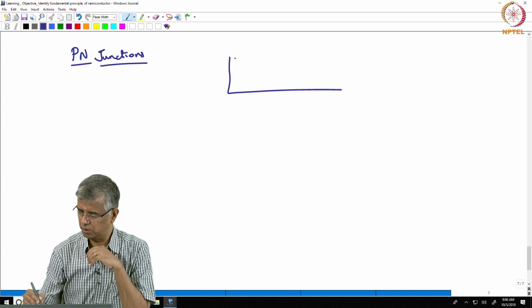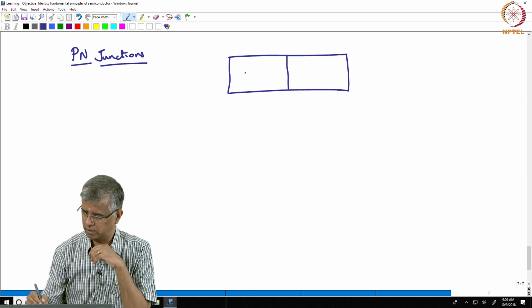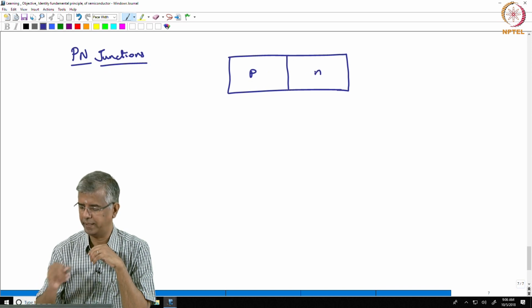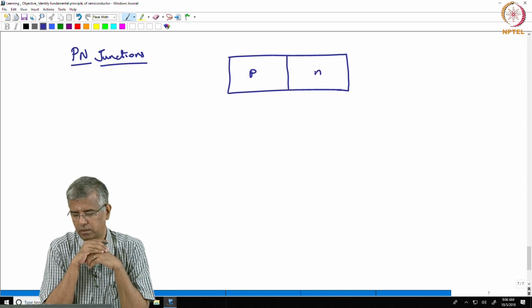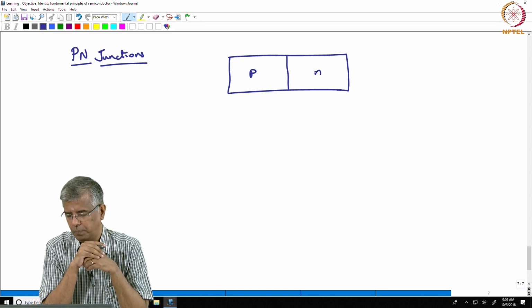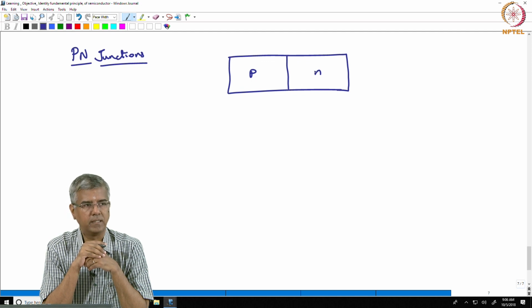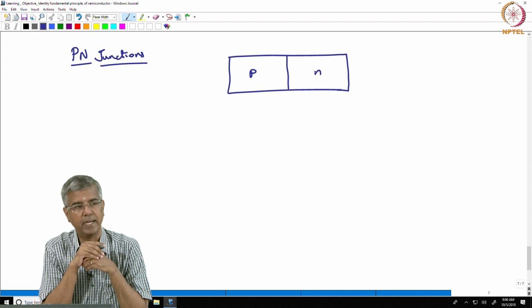Okay, what if you bring a p-type semiconductor and an n-type semiconductor together? Let's say you have the p-type on this side and the n-type on this side. Now we know that in the p-type the majority carriers are holes, and in the n-type the majority carriers are electrons.